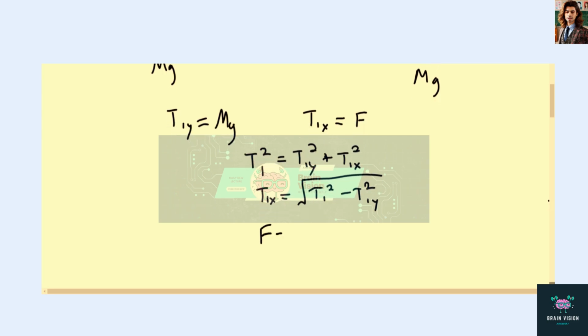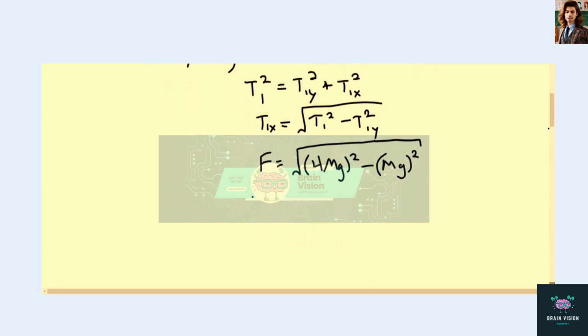So we can say that f is equal to the square root of (4mg) squared minus (mg) squared, which is f is equal to the square root of 16 mg squared minus mg squared, which is just the square root of 15 mg squared.